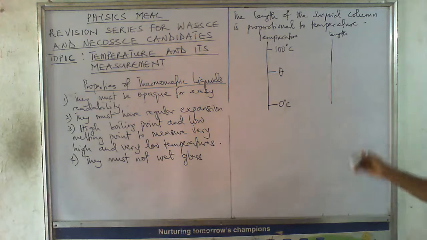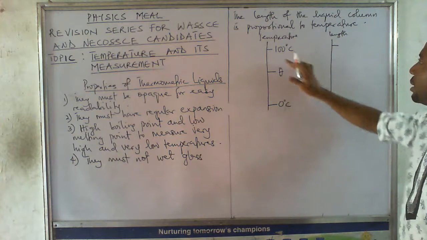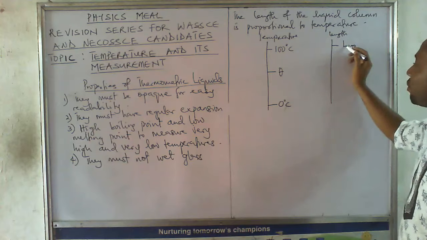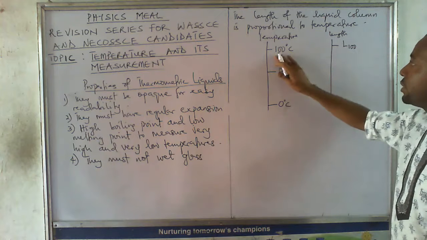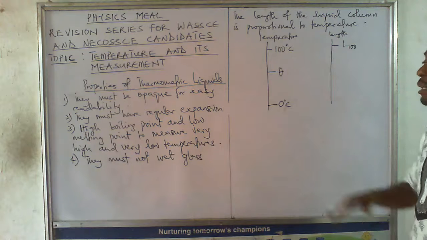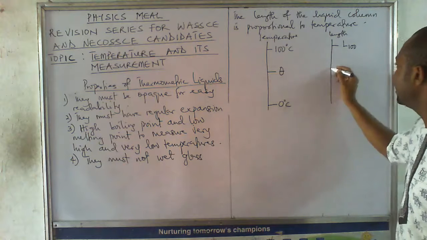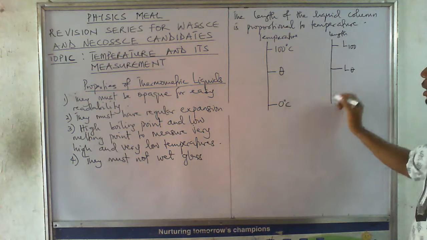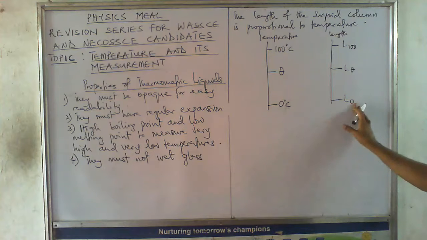Then, let the length of the liquid column that corresponds to 100 degrees C, that corresponds to the upper fixed point, be L100. And let the length that corresponds to any other temperature theta be L theta. And let the length for the lower fixed point now be L0.